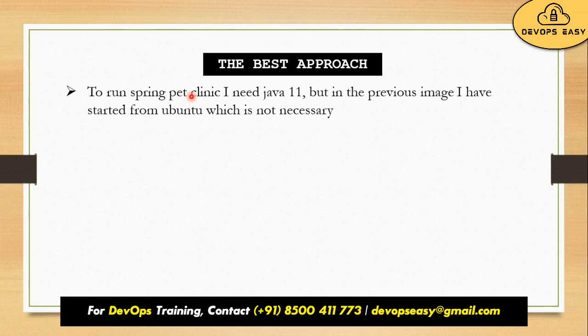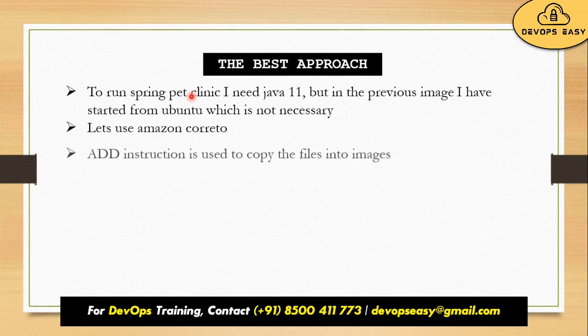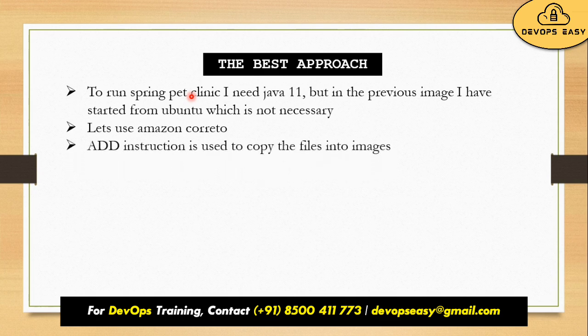Why do I need to take that as the base image? I can take Java directly as the base image. I might find an image which already has Java installed. Rather than taking the Ubuntu image, I can take a Java installed image. So let's use Amazon Corretto. What is this Amazon Corretto? I will show you in Docker Hub.